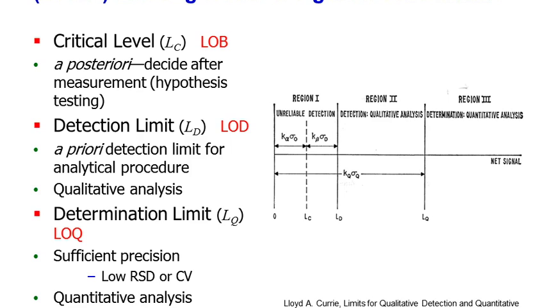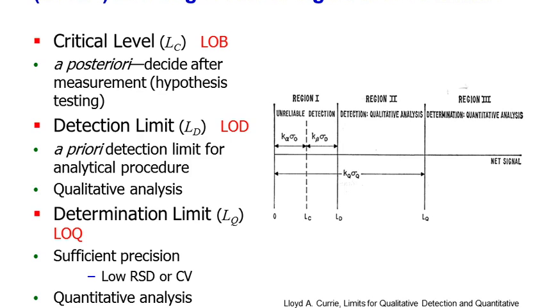But when you start having a process, you not only calculate the critical level, but you also calculate this thing called the detection limit, where you can a priori say that if the analyte is present at this level in my sample, I am going to detect it. So that's called the limit of detection, or the lower limit of detection.